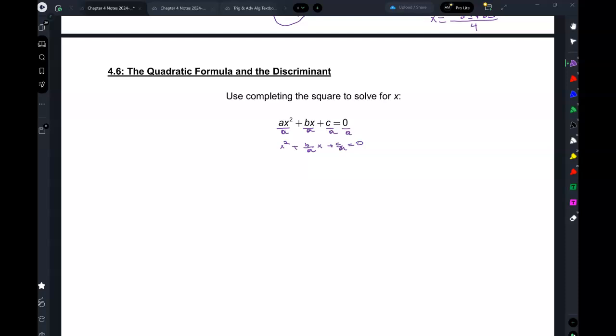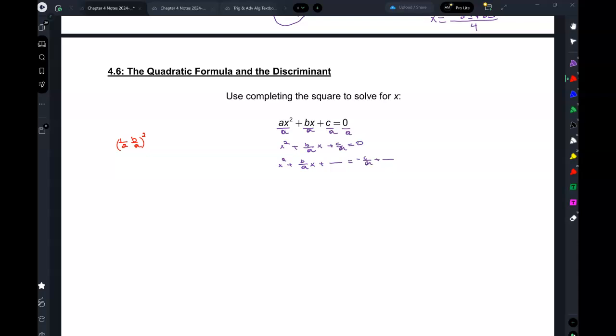Now, we need to bring the last term over to the other side, remember? So it's going to be x squared plus b over a x plus a number equals negative c over a plus a number. To get that number, it's half of b over a, squared.